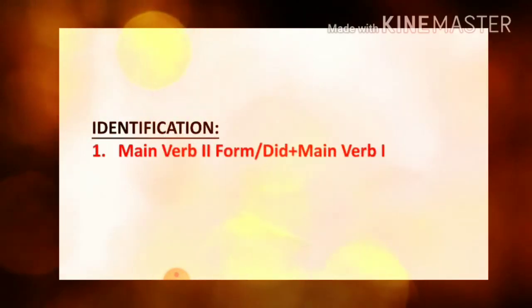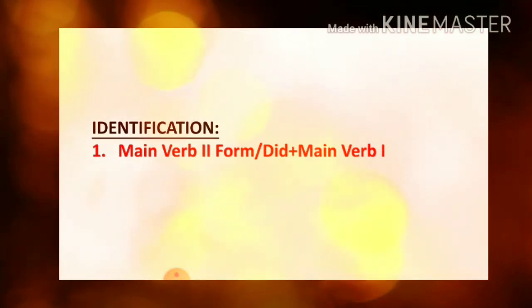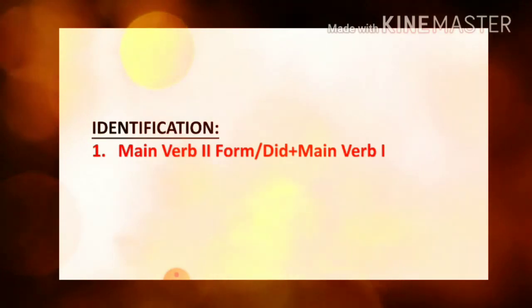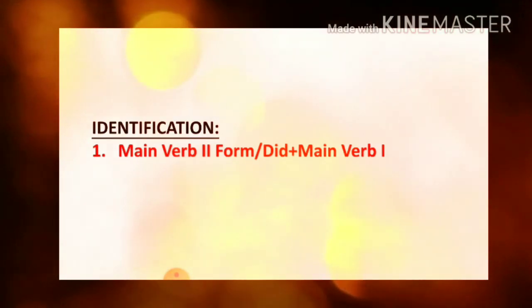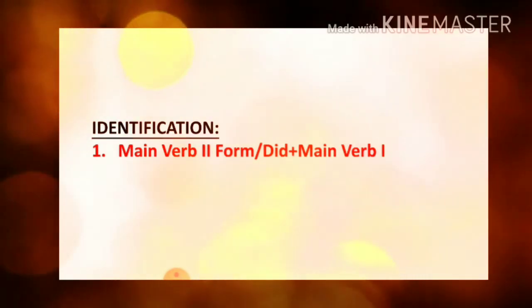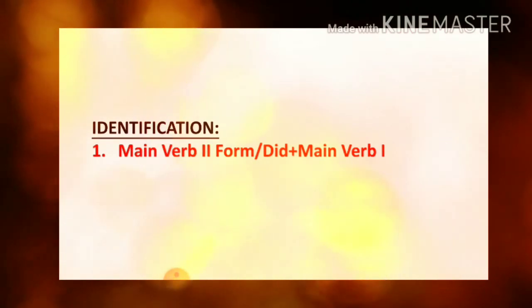Firstly, the identification of this tense is very simple. In this tense, the second form of the verb is used. This is the only sentence type where we use the second form of the verb, like write, wrote, and so on.